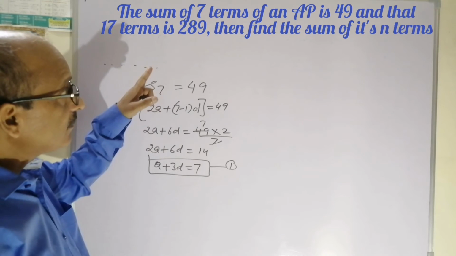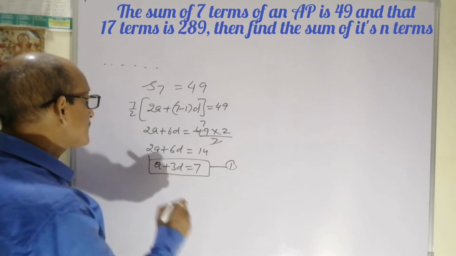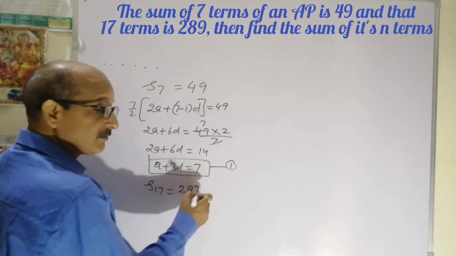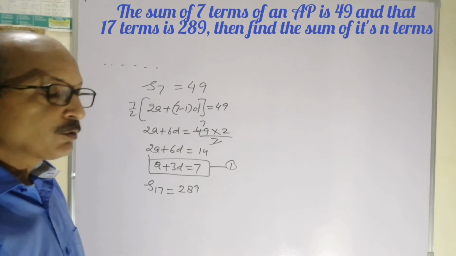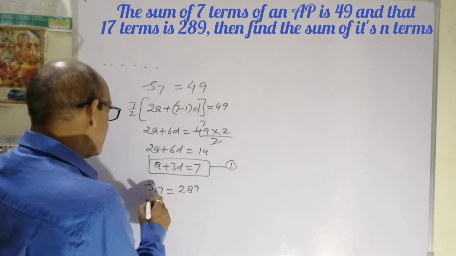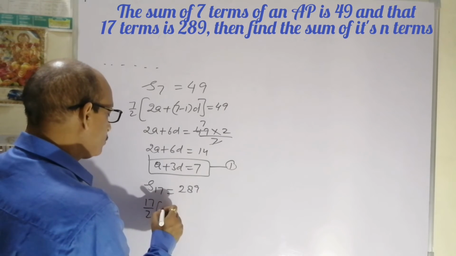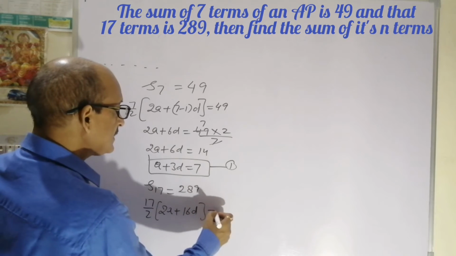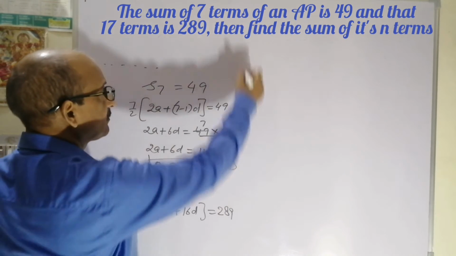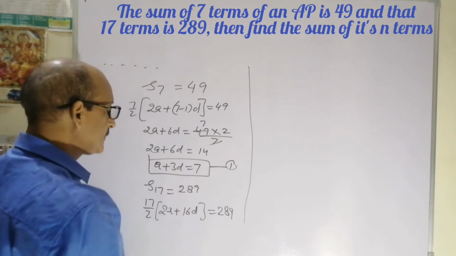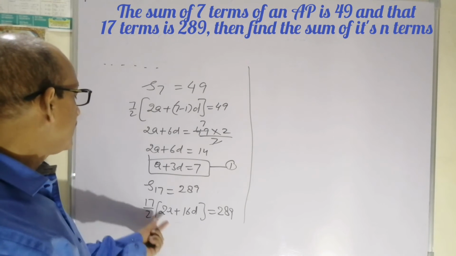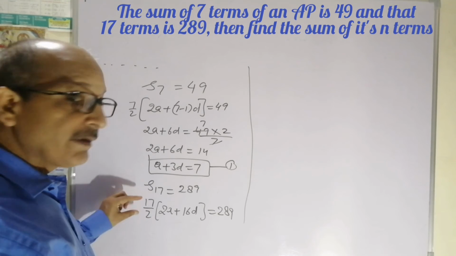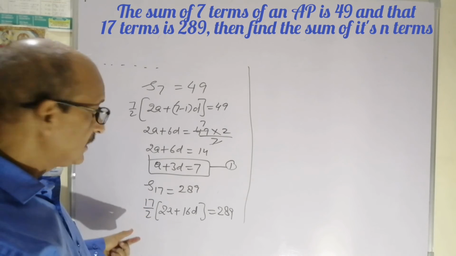Next condition is given, S17 is equal to 289. So obviously 17 upon 2 into 2a plus 16d, that is equal to 289. Now we can again shift 17 upon 2 from the left hand side to the right hand side, so it will be inverse in form.